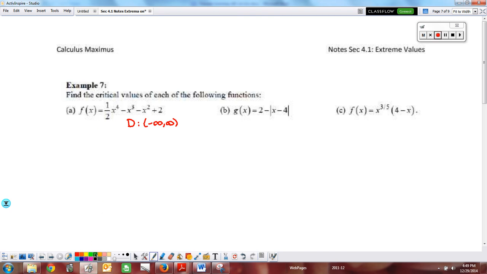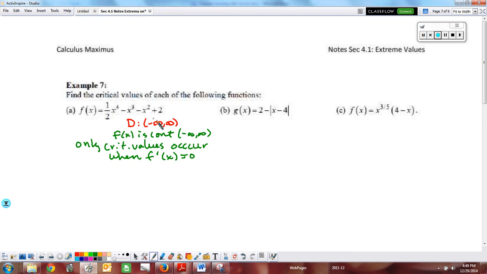Because this is a polynomial, f of x is continuous for -infinity to infinity. So pretty much the only critical values are going to occur when f prime of x is equal to 0 in this case. So we're using some prior knowledge as we're doing this.